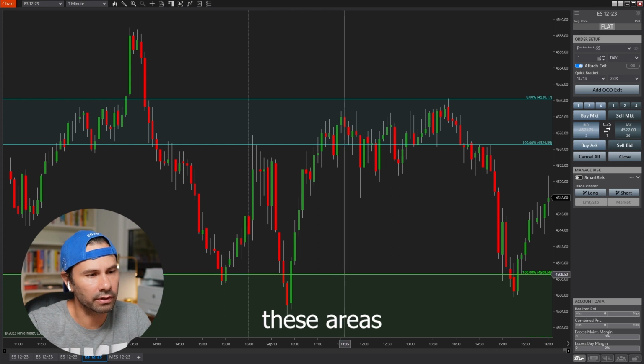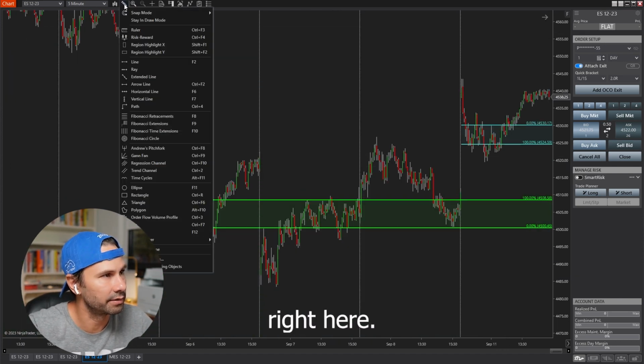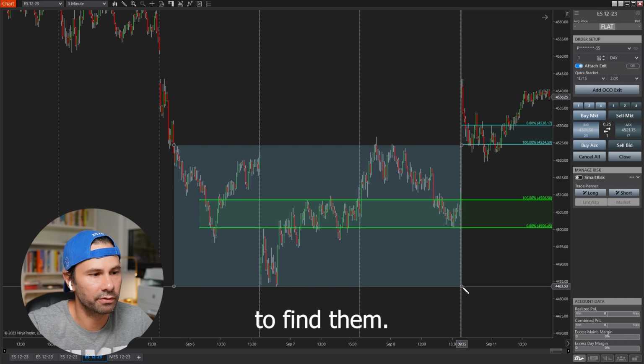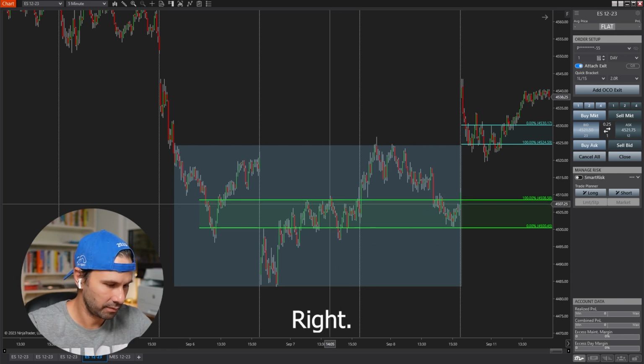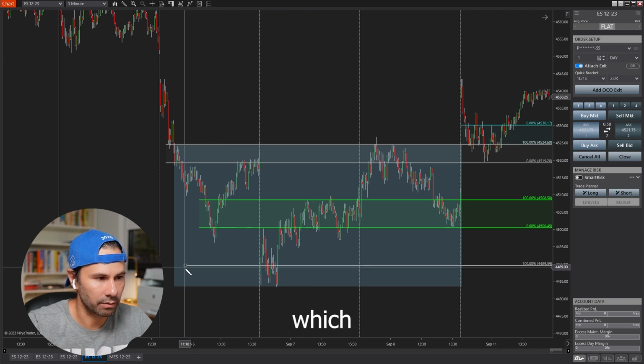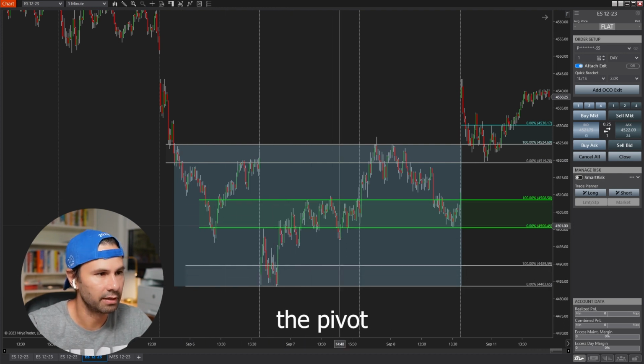How do you find these areas? You have established range right here. And I have 4 ways to find them, right? Top of the range, bottom of the range, which I don't think is very probable in this case because you have just the pivot, right?